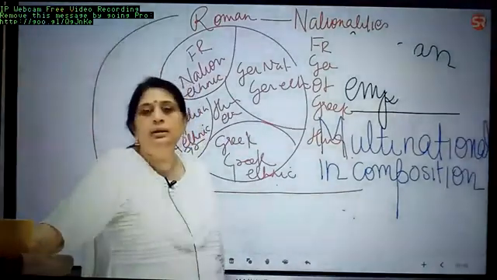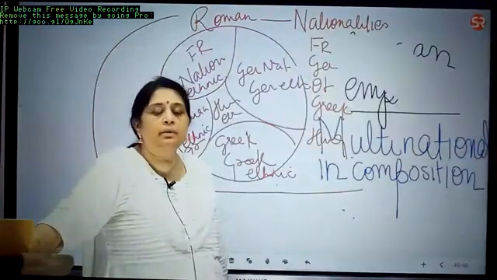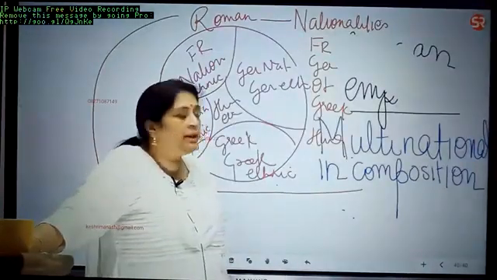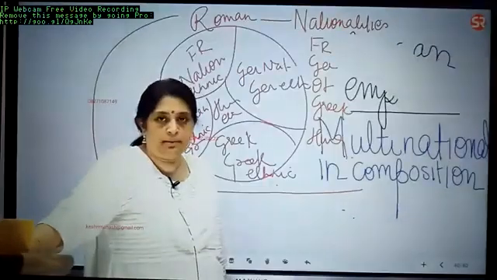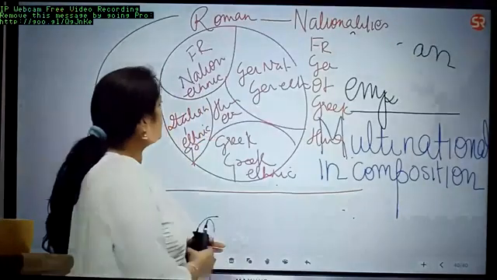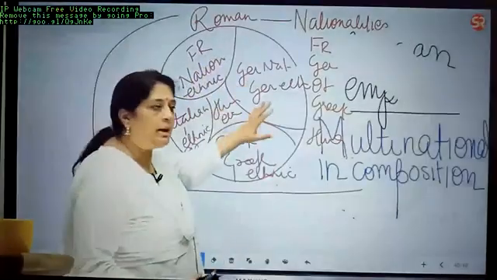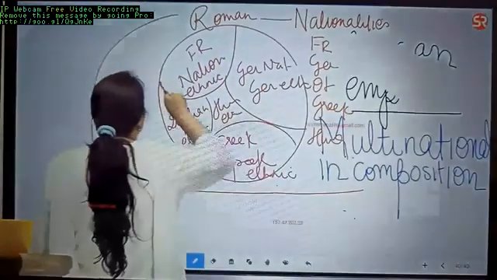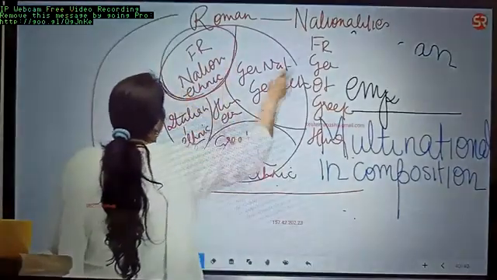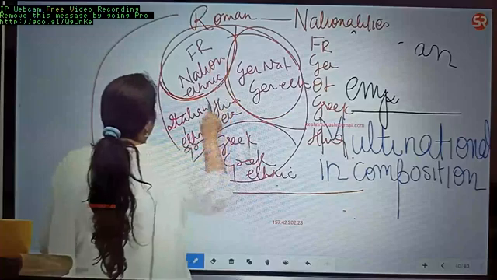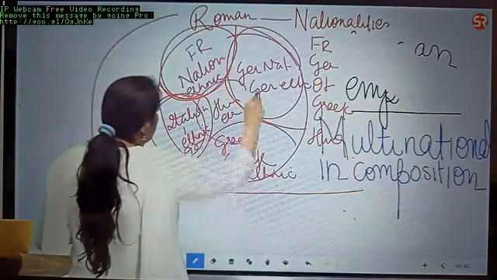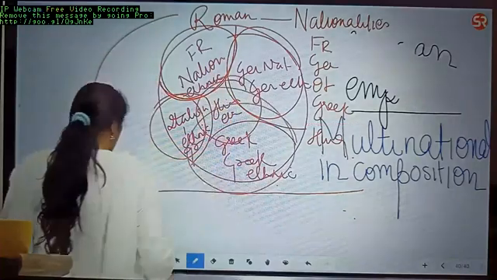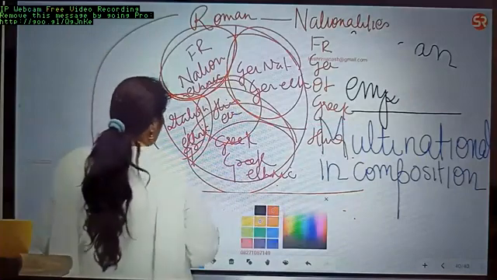Multinational. An empire will have different nationalities in it. And as the empire becomes weak, these nationalities will form states or principalities of their own. I hope you have understood.